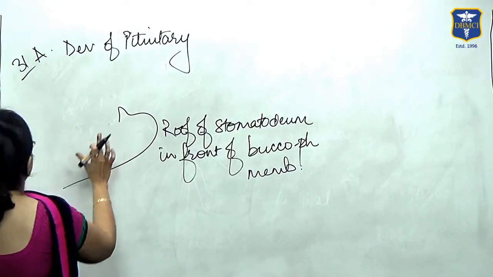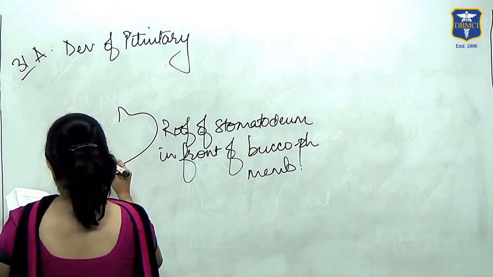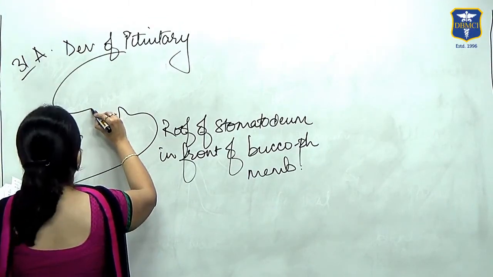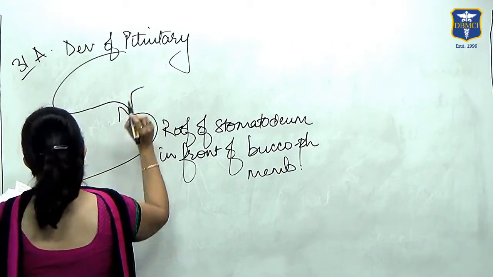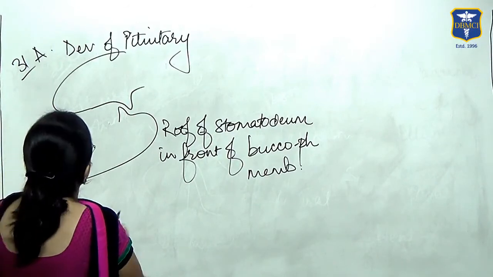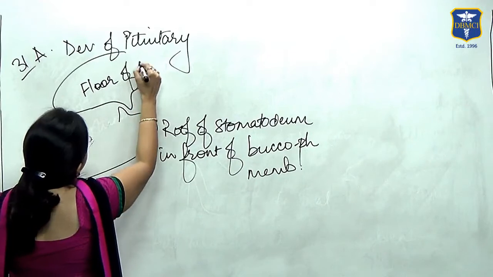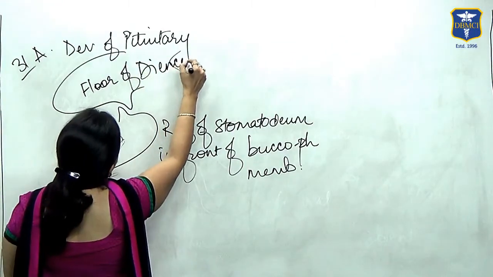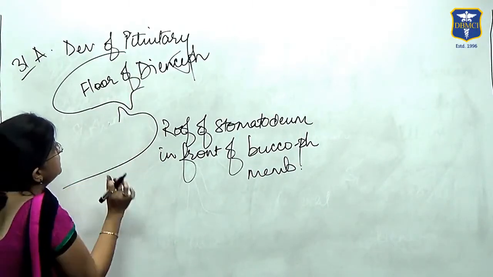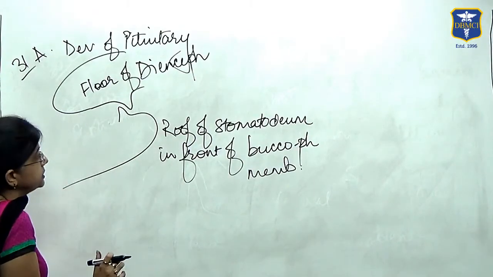This will extend up and it will go to the floor of the diencephalon, from where there is a hypophyseal evagination. From the floor of the diencephalon, there is an evagination which will form the posterior lobe of the pituitary.